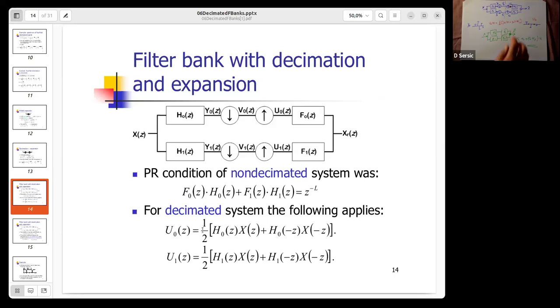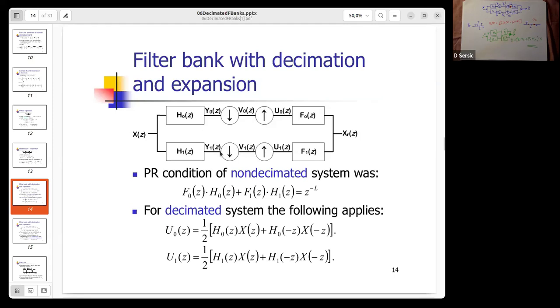So that is what happens here. We must apply the red equation on Y0. But Y0, of course, is H0 times X.